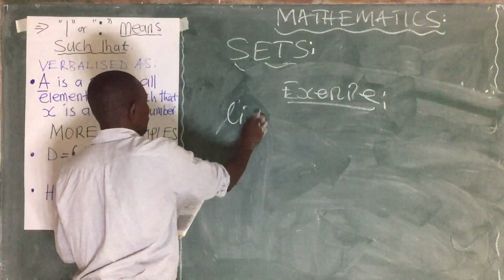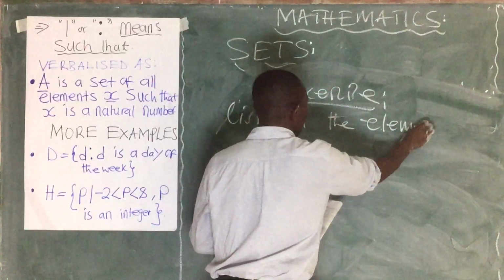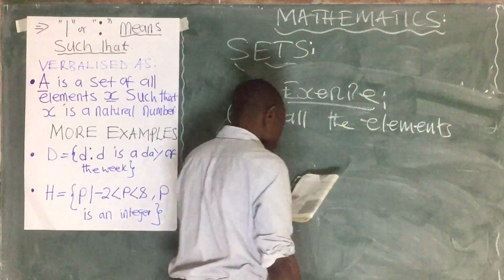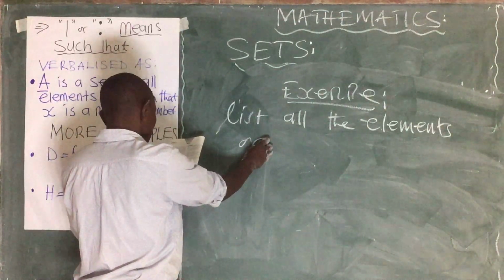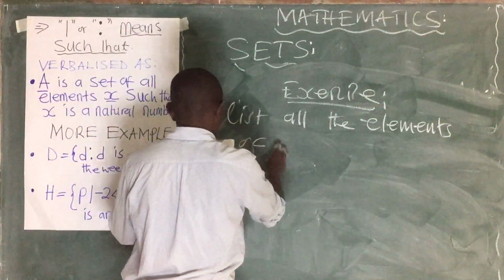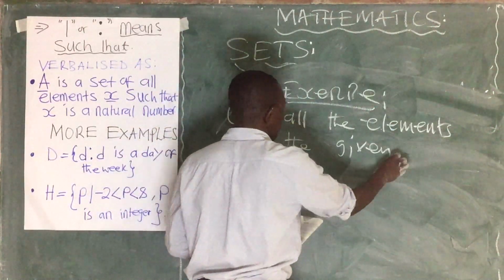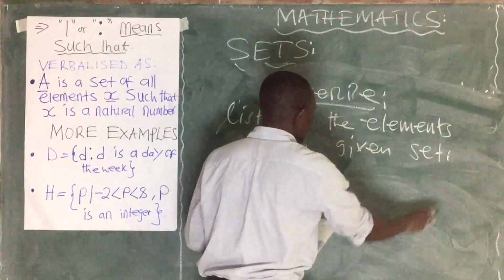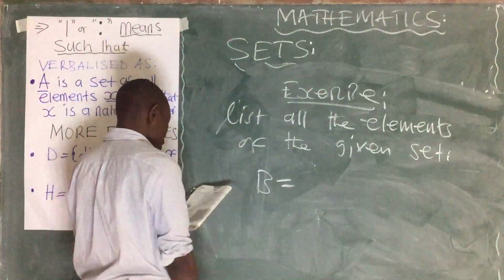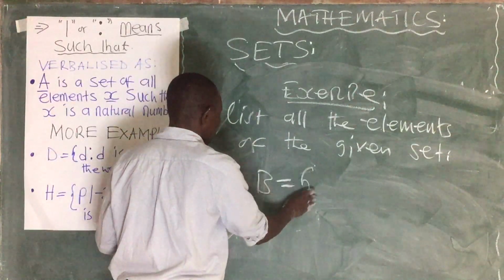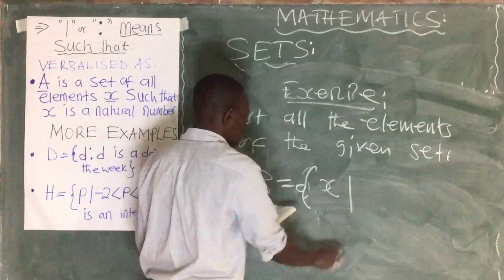List all the elements or members of the given set. Here we have set B, which is defined by a curly bracket, X, there's a line here.